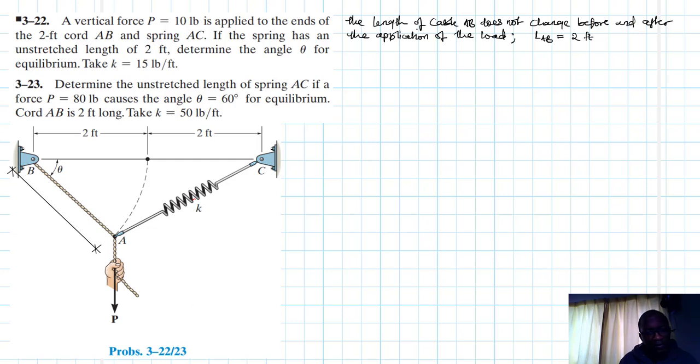So this is L AB equal to 2 feet, and then we're going to call this the length L final.